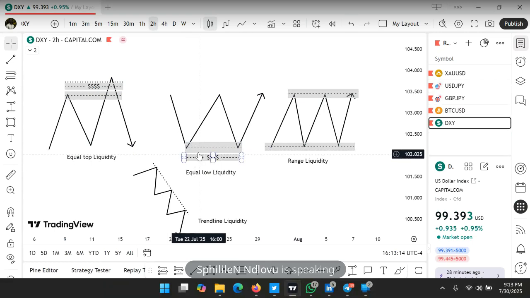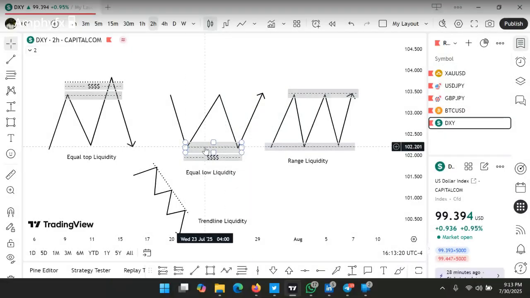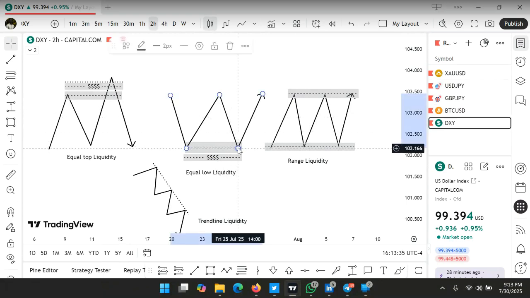So what does this mean? Many people have their stop losses below this equal low. Those who are trading support and resistance levels will have their stop losses sitting below this level. Those who want to buy will set their stop losses below this level, waiting for the market to come back to this level and begin to buy. Those who wait for the market to break out at this level do not set their stop losses above this level.